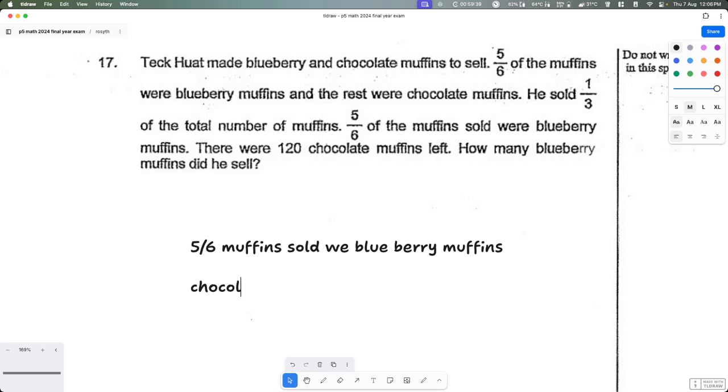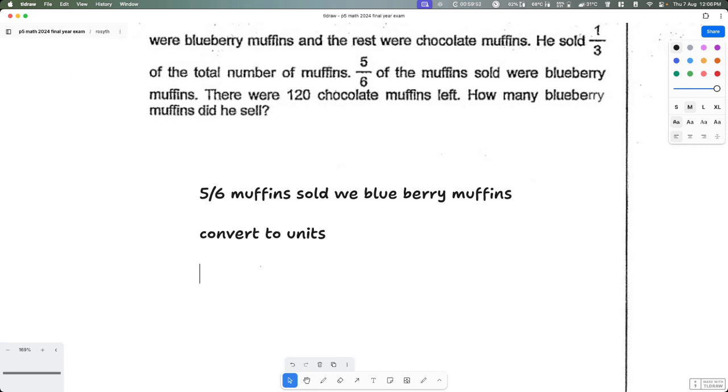So chocolate muffins sold. So I just convert to units, which means units sold is equal to 6, and then blueberry muffins sold is equal to 5 units.